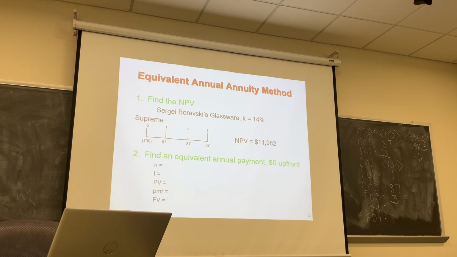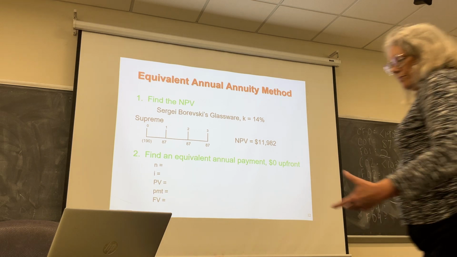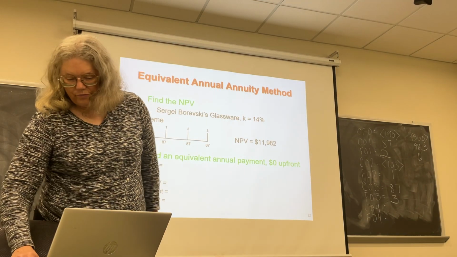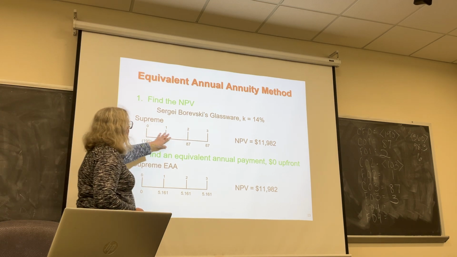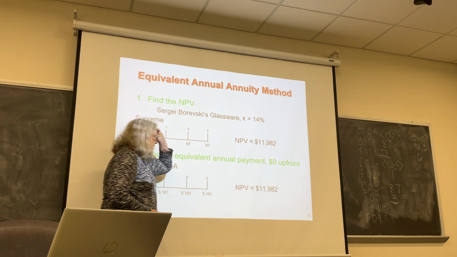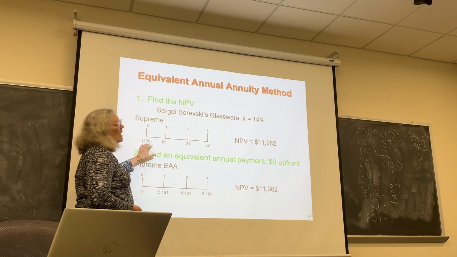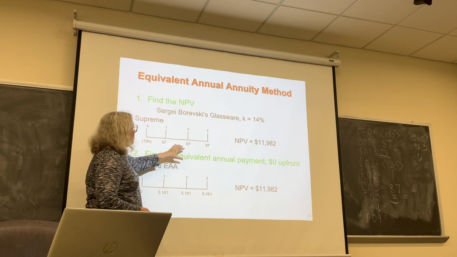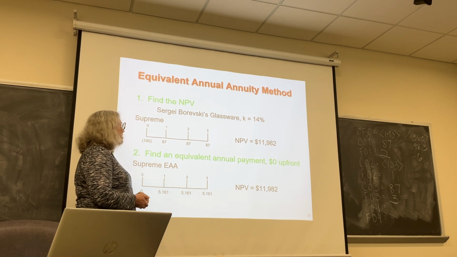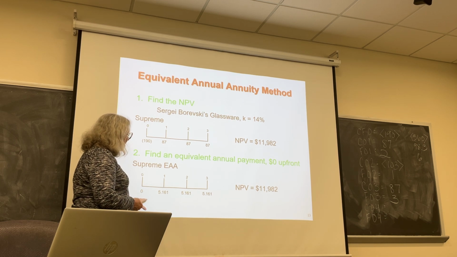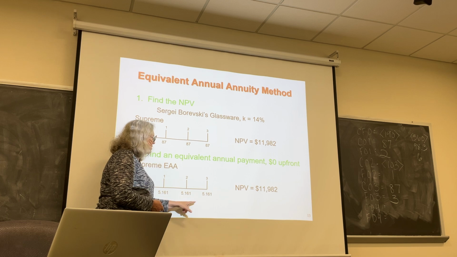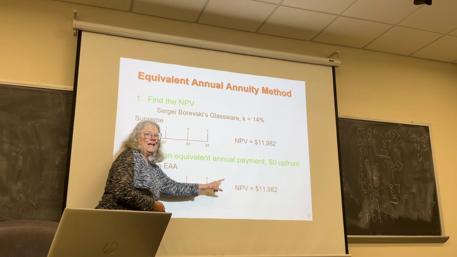Okay, 5,161. So what does this mean essentially? So here was the original, and here we found the NPV. They paid 190 up front to get 3 years of 87,000. The equivalent payment, nothing up front, and 5,161 every year.